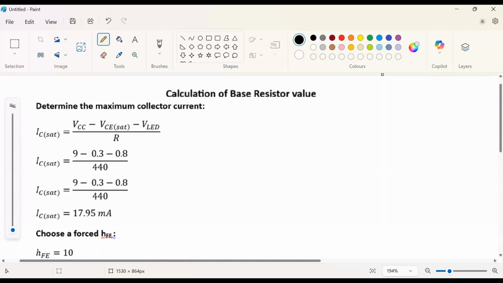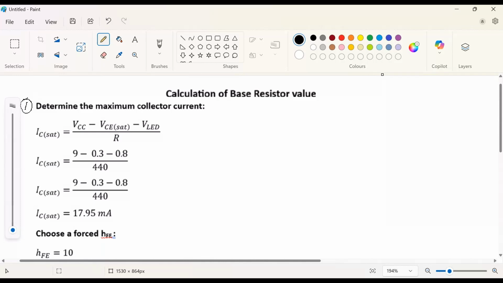Let's now see how to calculate the base resistor value. The first step is to determine the maximum collector current. To calculate the collector current at saturation, we need VCC minus VCE sat minus VLED, divided by R. VLED is the voltage across the LED, which comes to around 0.7 to 0.8 volts.